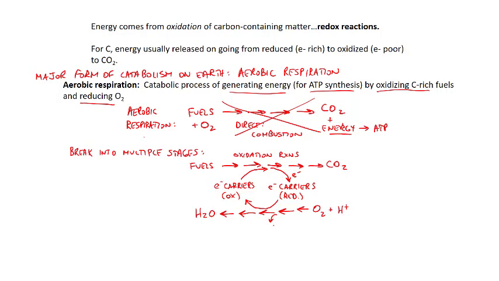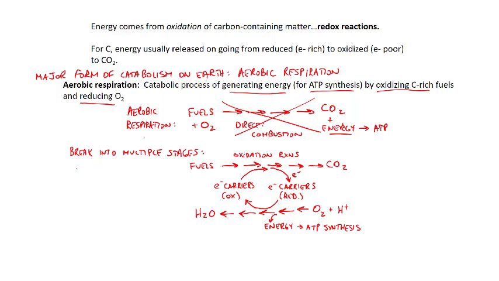This process is very energetically favorable, and it releases energy that can be used to power ATP synthesis. So this is the flow chart for how aerobic respiration works. We oxidize fuels to CO2, hand the electrons off to electron carriers. The electron carriers hand the electrons off to oxygen. The reduction of oxygen is very favorable.